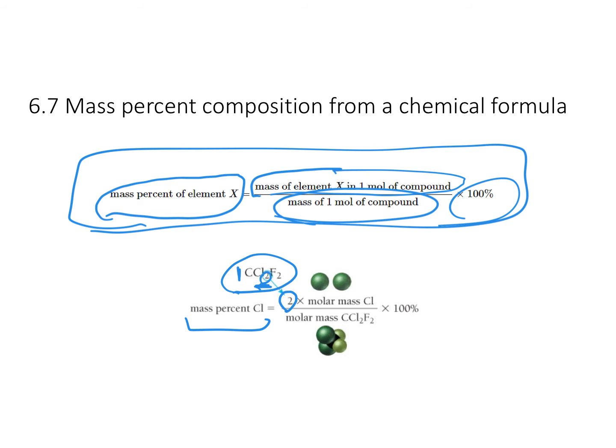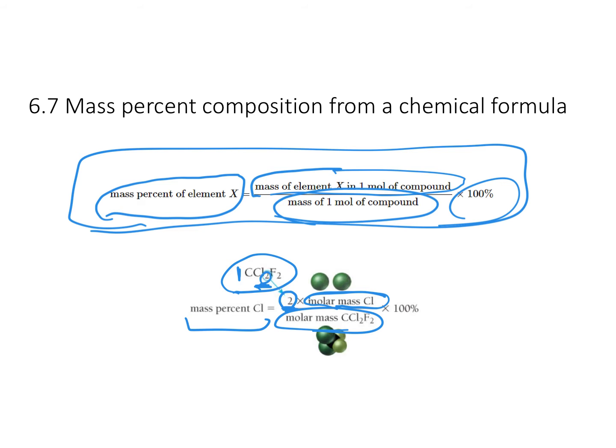So we write molar mass of Cl, and we remember that we have 2 chlorine atoms, or like 2 moles in 1 mole of your compound. So this is the tricky part of this formula, because most students forget to write this number here, but other than that, you write the molar mass of your element divided by molar mass of your compound. And molar mass of the compound would be numerically your formula mass.